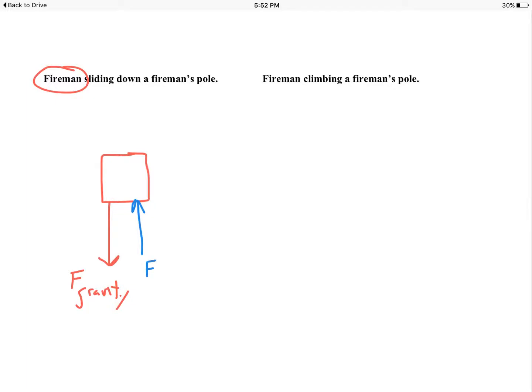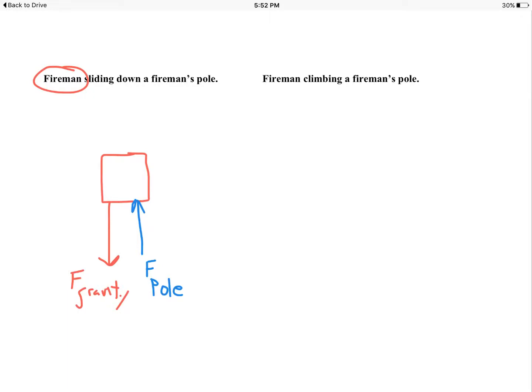Force of the pole acting on the fireman. You cannot technically exert a force on yourself. It's got to be some outside object exerting the force on you. The force of gravity is a force from the earth exerted on you. The force of the pole or the force of the floor, like in the previous problems, or the force of air. Something outside yourself exerts the force on you or the object.